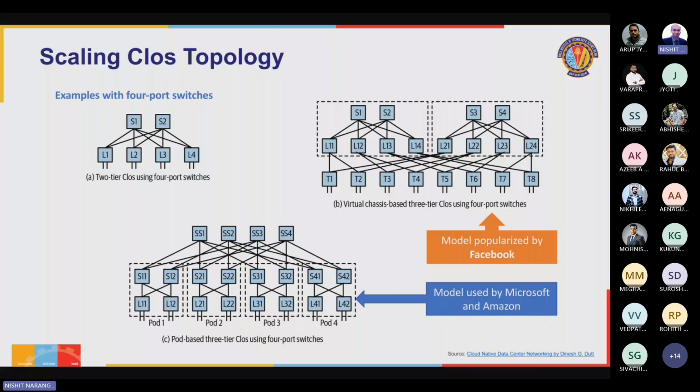But irrespective of whether you use virtual chassis or pod, even after this class, when you look at this slide, carefully analyze both these 3-tier architectures. You'll see what we talked about as the requirements of a leaf spine architecture. Every leaf should connect to every spine. That rule you'll find is met in both these architectures.